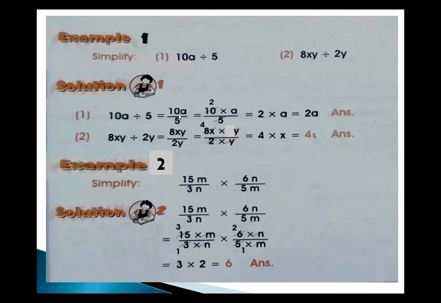Both of these are in the operation of multiplication. In previous teaching, the question was in that form and we transferred it into this form. But for division, we break it into this form, and then after the simplification, we convert it again into this form without using any sign of multiplication.